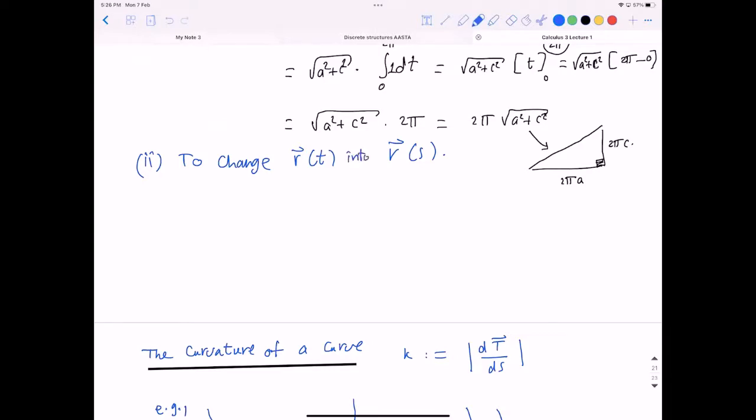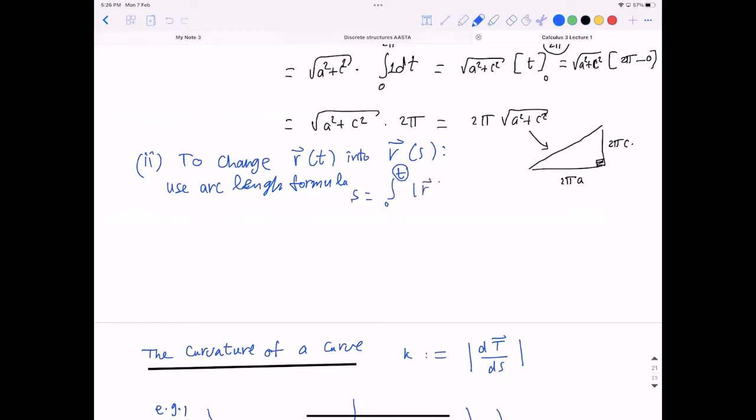Okay. To change R of T into R of S, we do the same. Use the arc length formula as above, but not up to 2 pi, but to t. Formula from 0 to t. S equals the integral from 0 to t instead of 2 pi, of what?